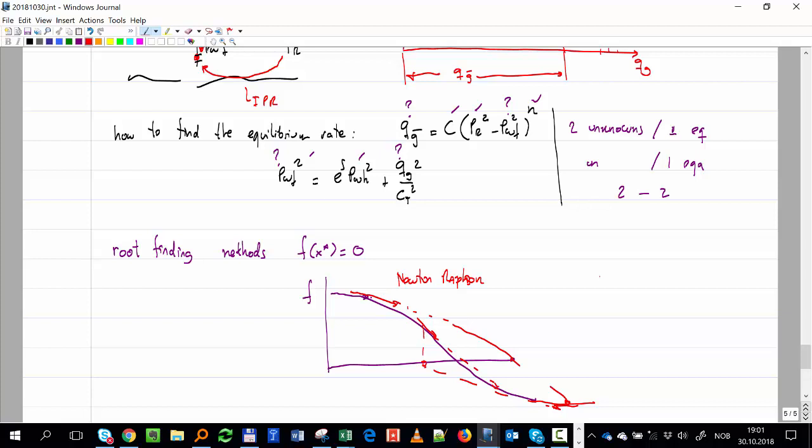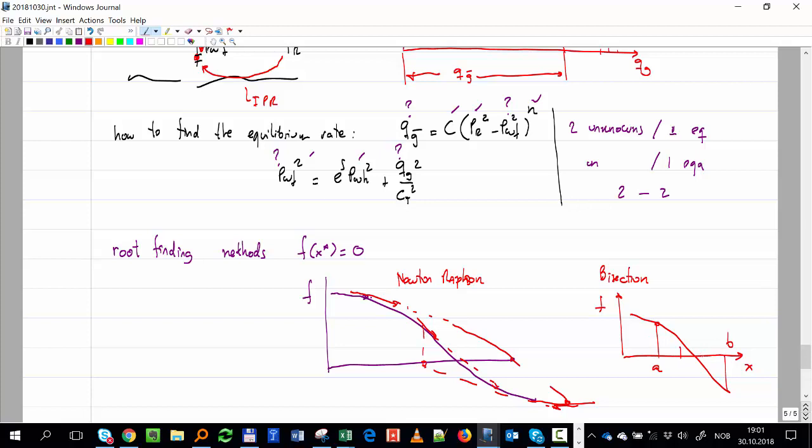Or you had also another method called bisection. Did you cover that some time ago? You take 2 points, one called A and one called B, where there is a change of sign of the function, and then you make the average of both.